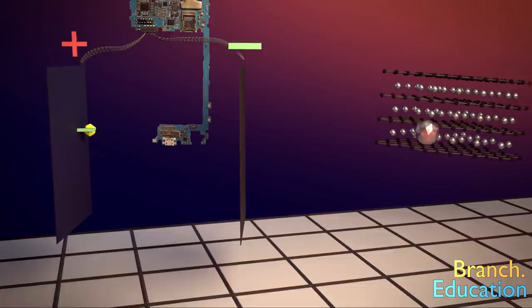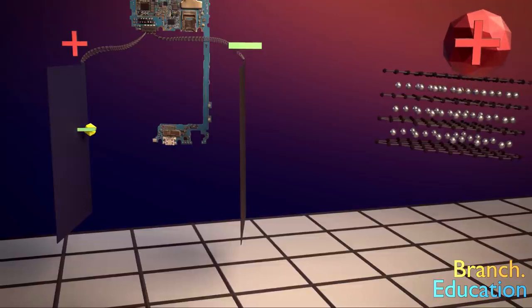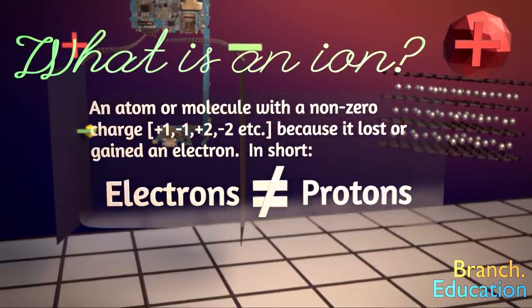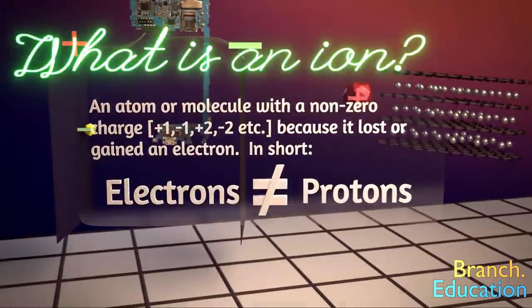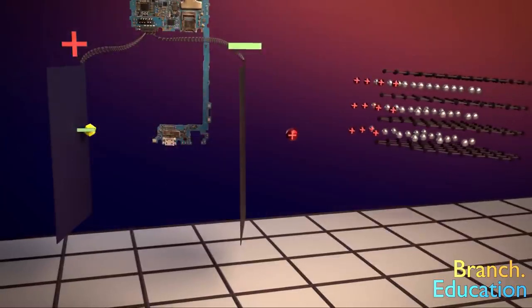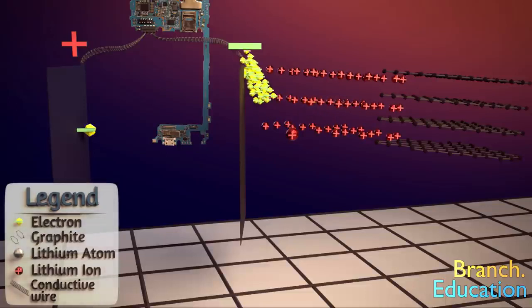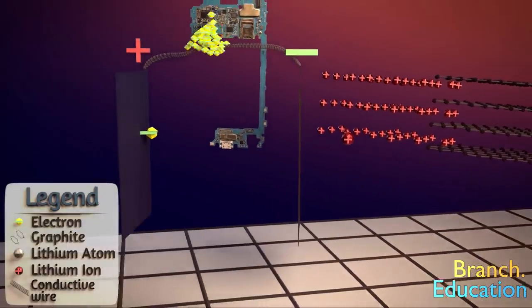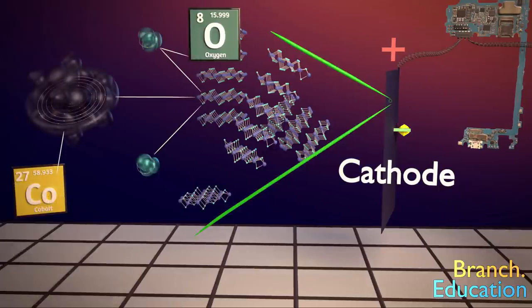At the same time, the lithium leaves the graphite and becomes positively, or +1, charged, and is now called a lithium ion. FYI, an ion is just a fancy word for an atom that has lost or gained an electron and thus is charged. When a lot of lithium atoms leave the graphite at the same time, a flow of electrons is built up.